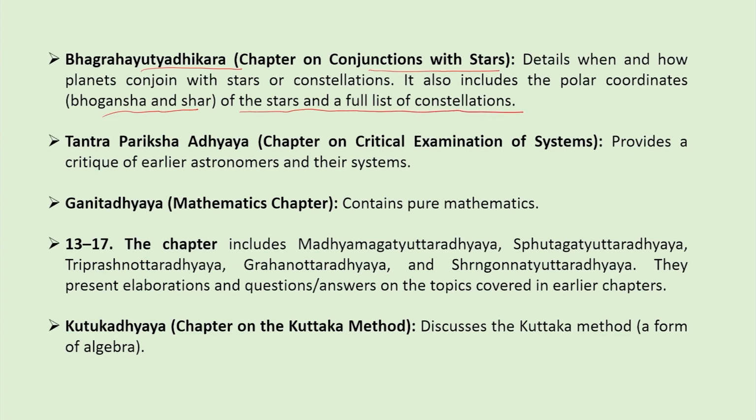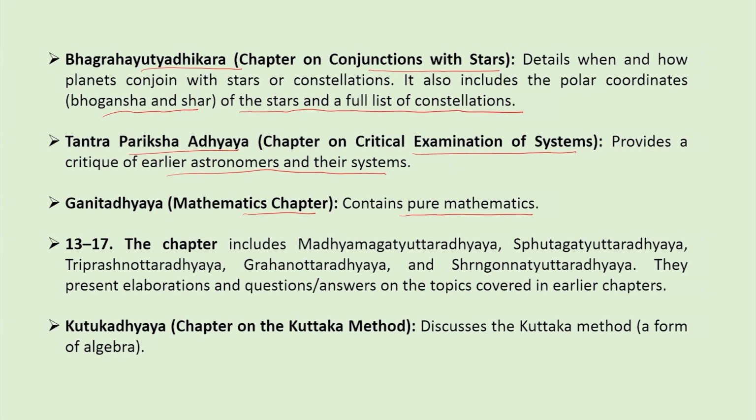Next is Tantra Pariksha Adhyay, chapter on critical examination of systems, which provides a critique of earlier astronomers and their systems. Next chapter is Ganita Adhyay, the mathematics chapter, containing pure mathematics.